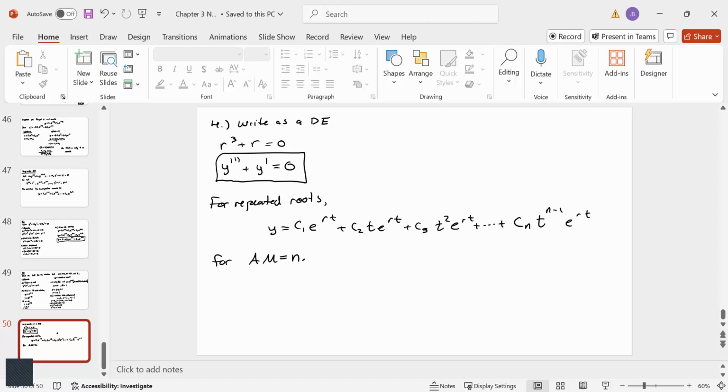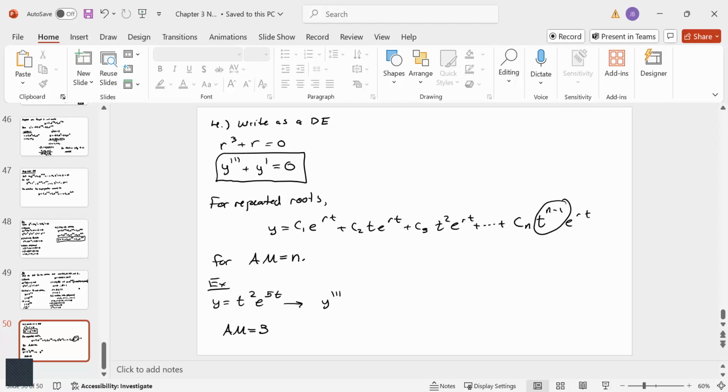Just to give you a quick example, if we had something like y equal to t squared e to the 5t, then that would imply that we have a third order polynomial because it's squared, so the algebraic multiplicity would be equal to 3. Notice that it's t to the n minus 1. And so then we would have y triple prime, right?